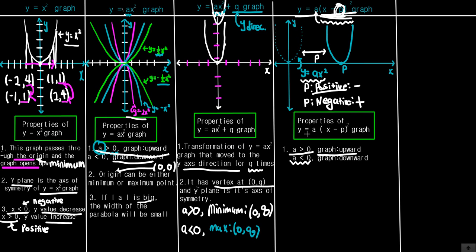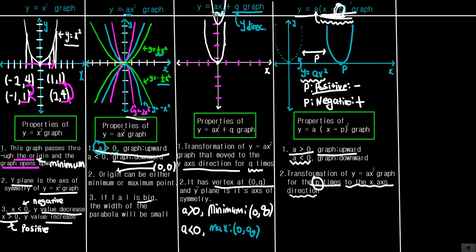The second property of y is equal to a times x minus p squared graph is that this graph is a transformation of y is equal to ax squared graph. The graph moves by p. P is a number, which means it is a variable that can be either positive or negative, and it moves in the x-axis direction.